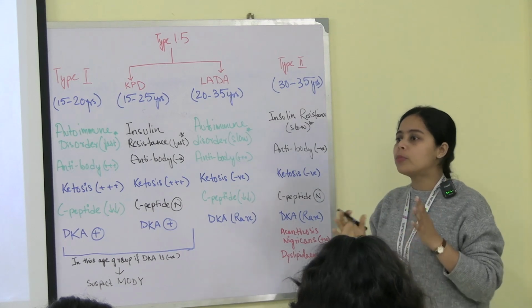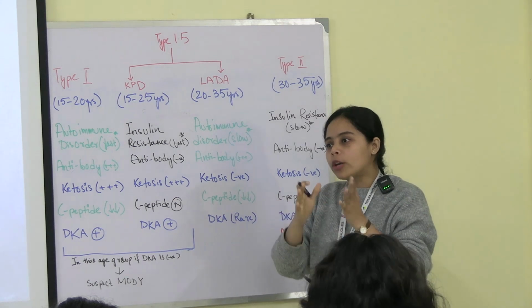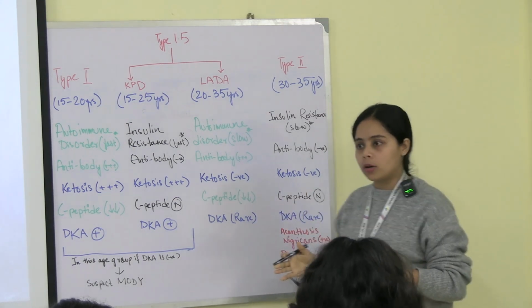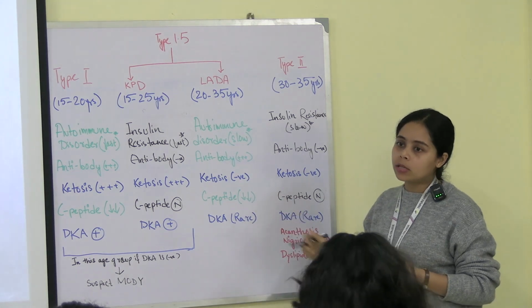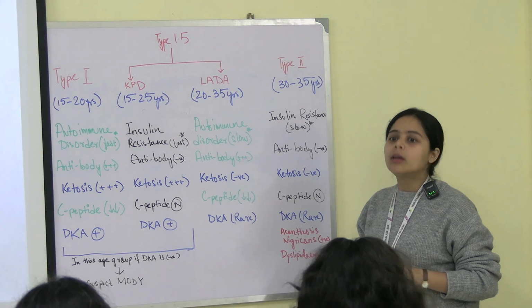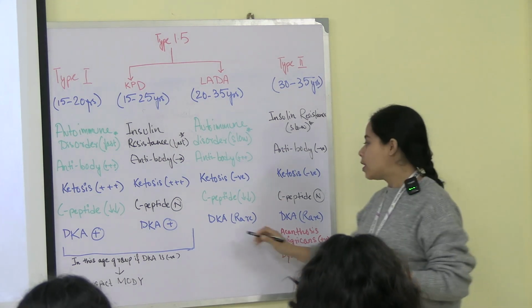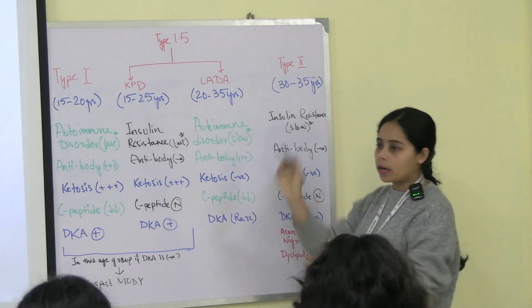Whenever the disease is giving you time, the body is also coping accordingly. The C-peptide level will be low because beta cells are affected, and DKA is rare in LADA.